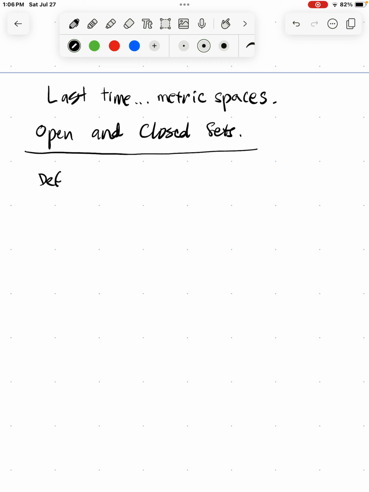Okay, definition. So let's say E is a metric space. And let's say that P naught is an element of E, and R is a positive real number.